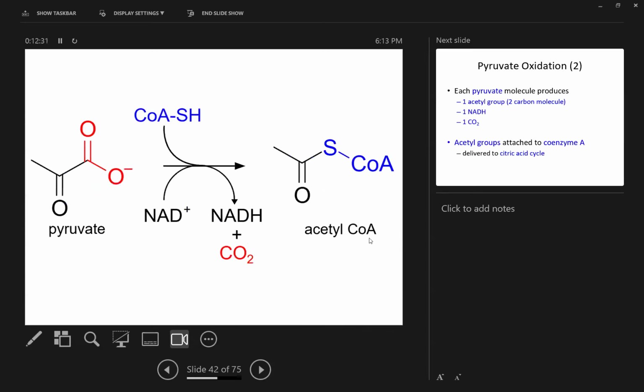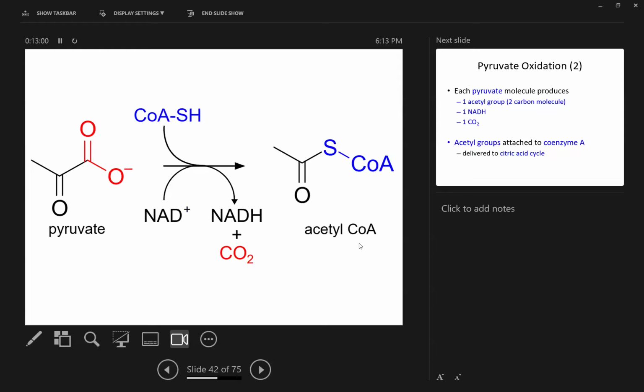Okay, one more thing. So with our 2 carbons that are left, there is an enzyme that is going to attach to that acetyl group, and it's called coenzyme A. So from this point on, they'll continue to call it acetyl-CoA. That's the 2 carbons from glucose, and then a coenzyme A molecule.